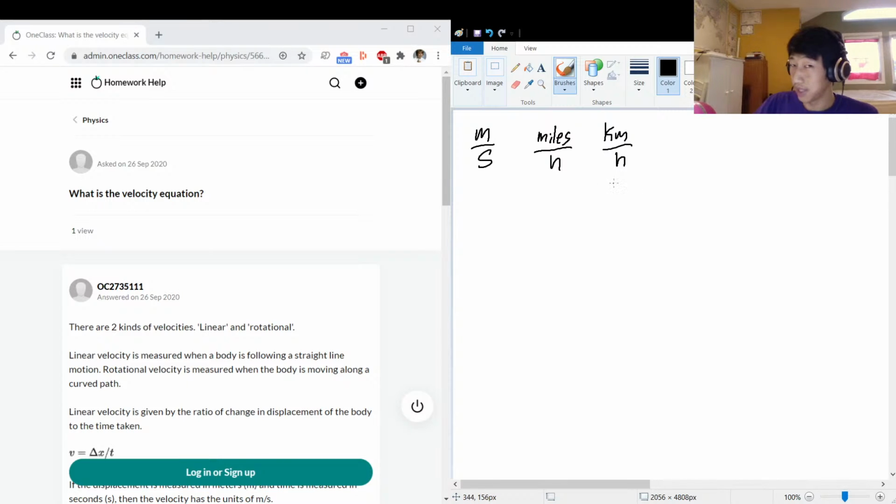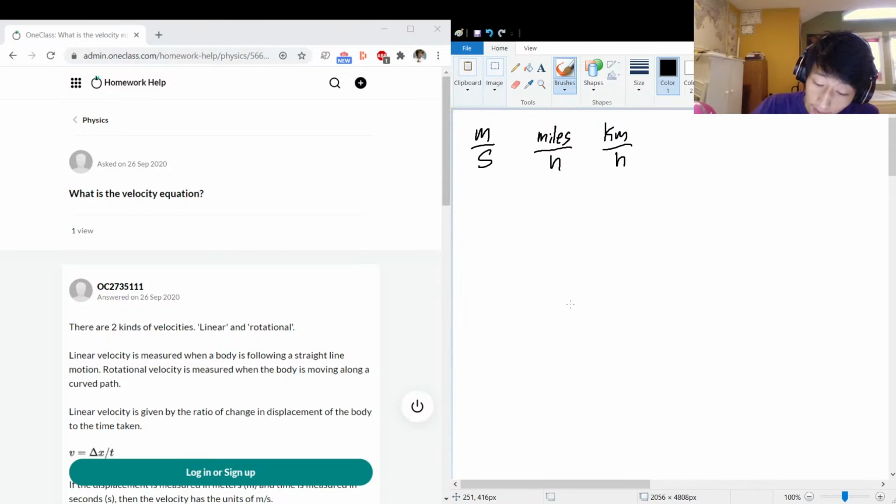To measure speed, we always have some measure of distance on top, meters, miles, kilometers, divided by some unit of time. Meters per second, that'd be seconds. It could be hours. It could be years, if you're really, really slow. The unit can really give us good clues about what the process is to calculate it.